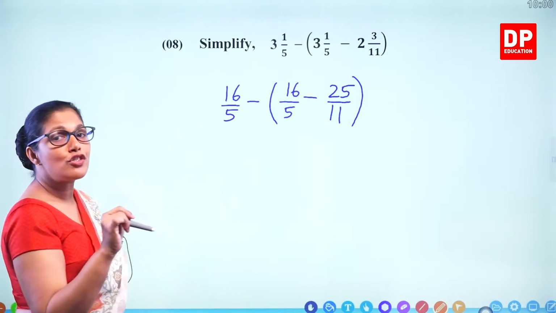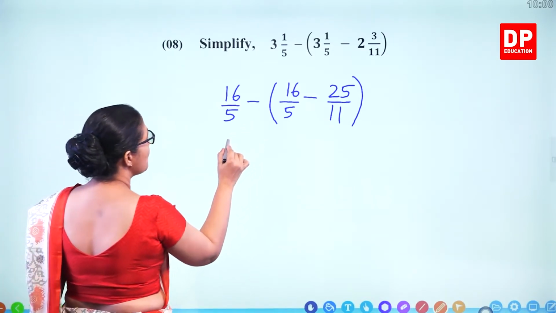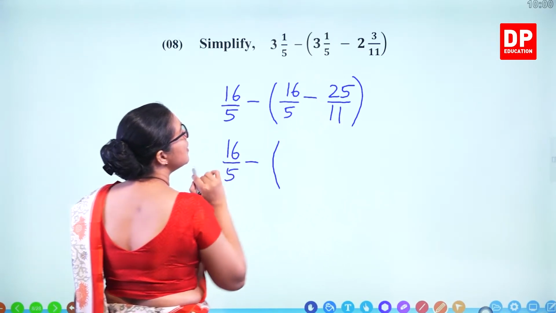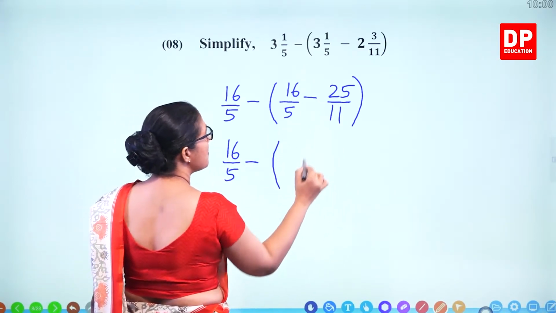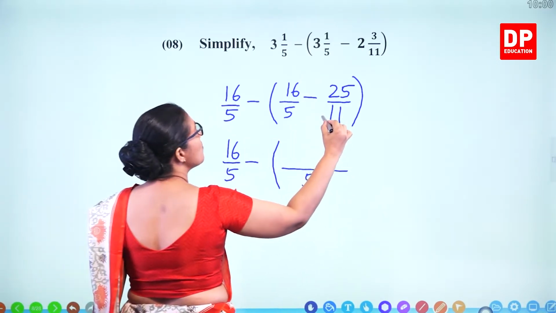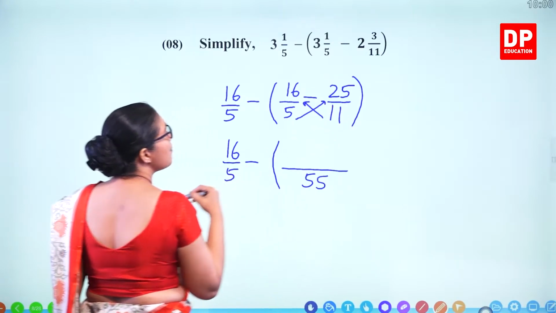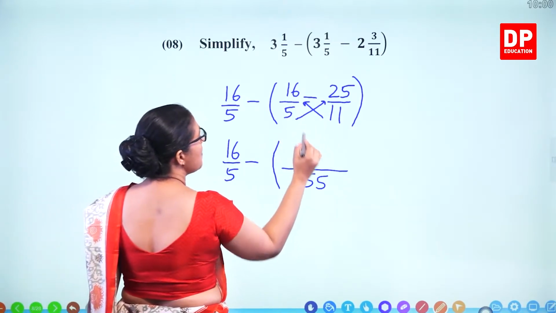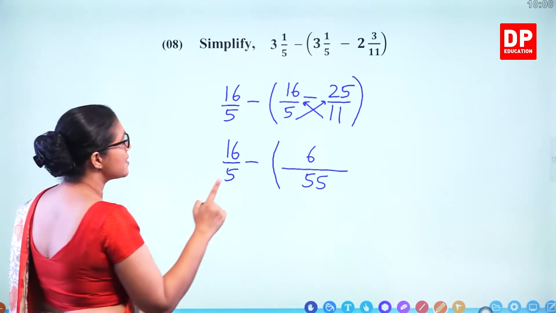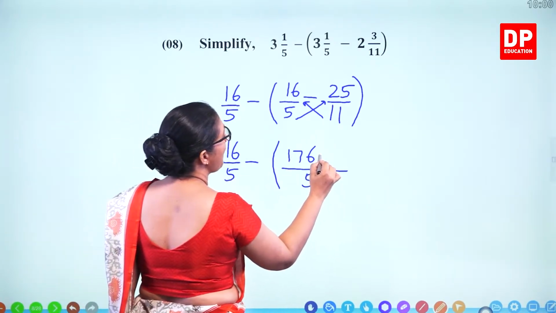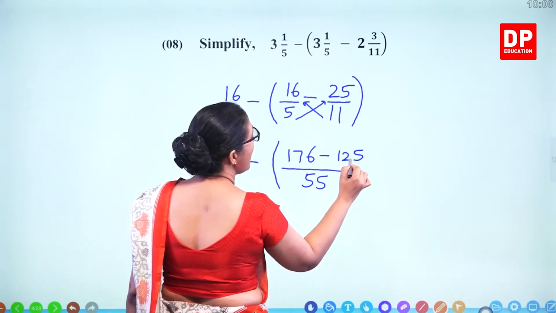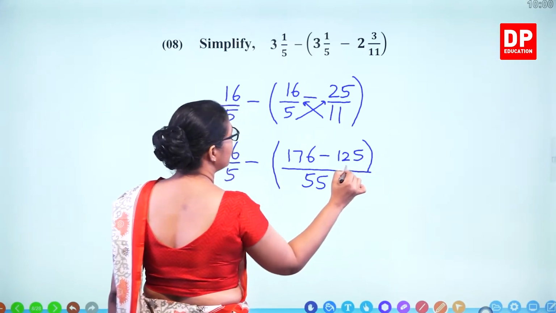Now, according to BODMAS, brackets first. What's the common denominator? Lowest common multiple is 55. 5 into 11, so you multiply this by 11, this one by 5. 11 times 6, 66. 11 times 1, 11 plus 6, 17. 25 times 5, 125.